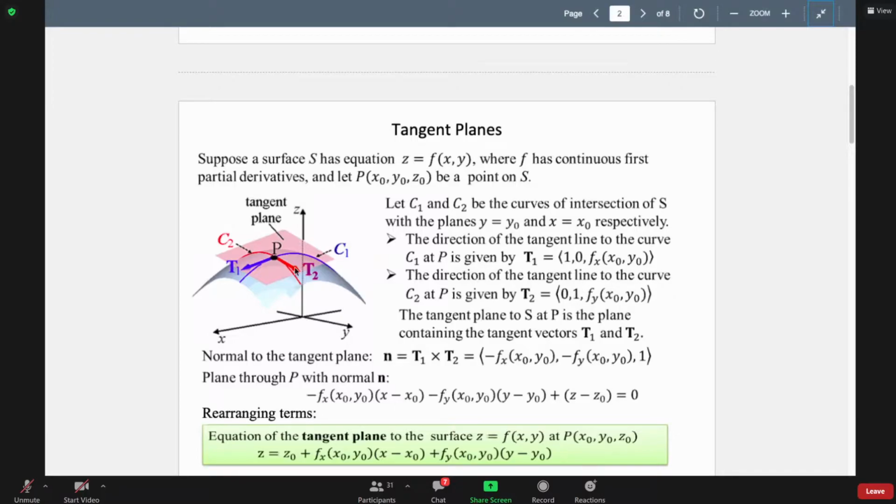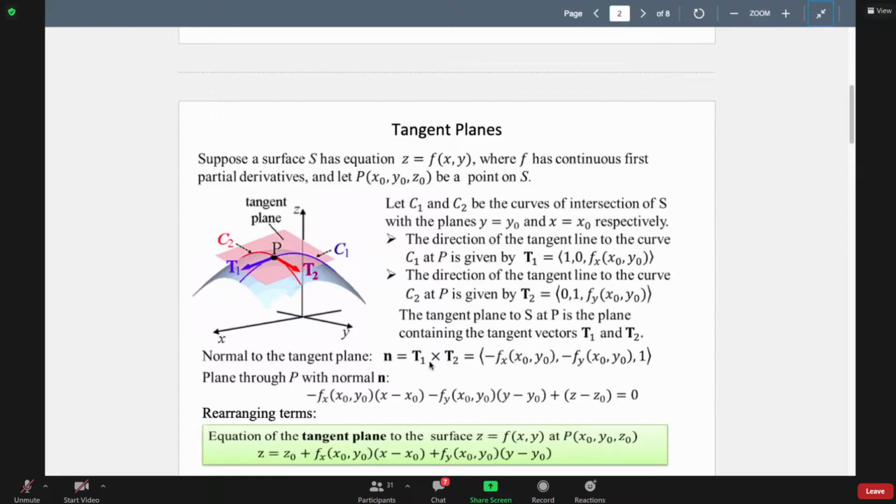And now we would like to write the equation of the tangent plane, this pink plane here. To write the equation of the tangent plane, you need a point, and we have a point, and you need a normal vector. Of course, you can get a normal vector if you compute the cross product of T1 and T2. So that's a normal vector to the pink plane.